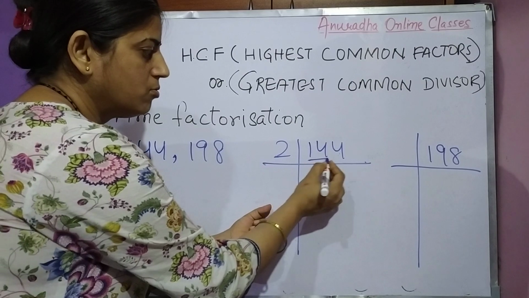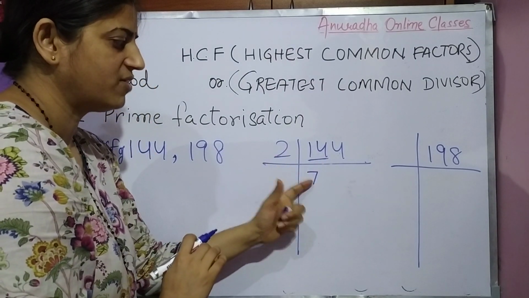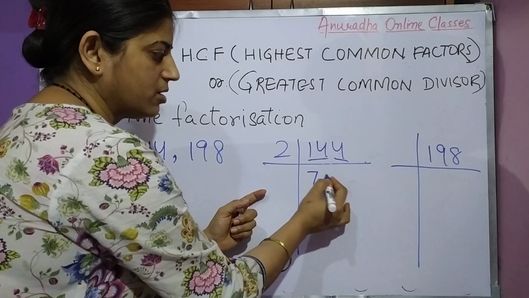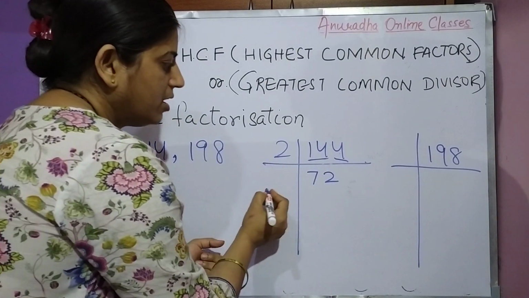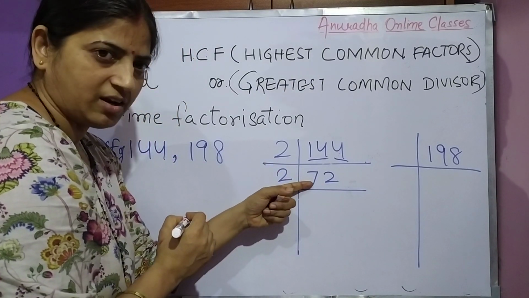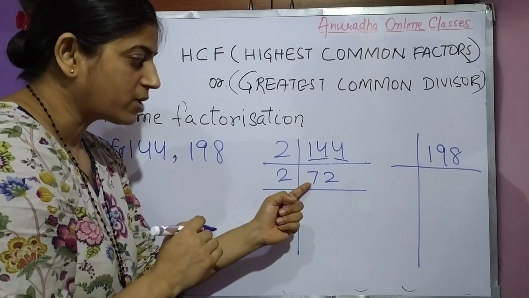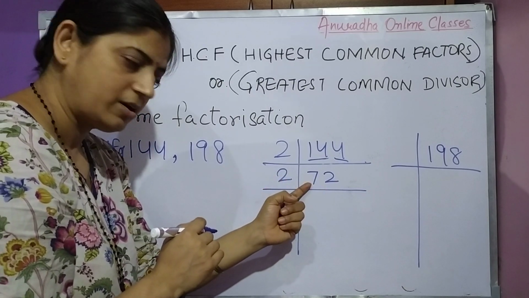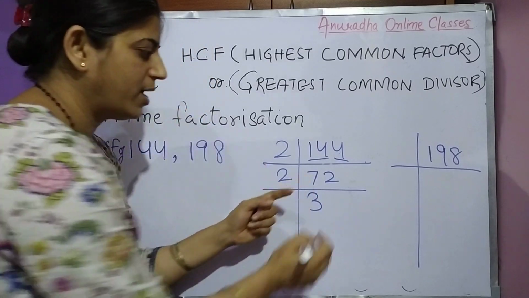So 2, how many times? 2 sevens are 14. Then 4 is there, 2 twos are 4. Then 7, you have to divide it by 2. 2 कितने सा 7 होता है 7? नहीं. 2 3s are 6. How much is left? 1 is left.